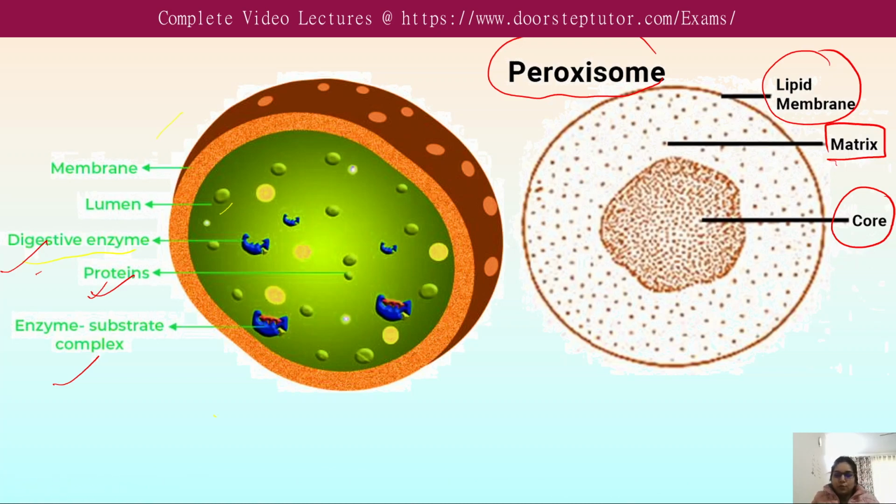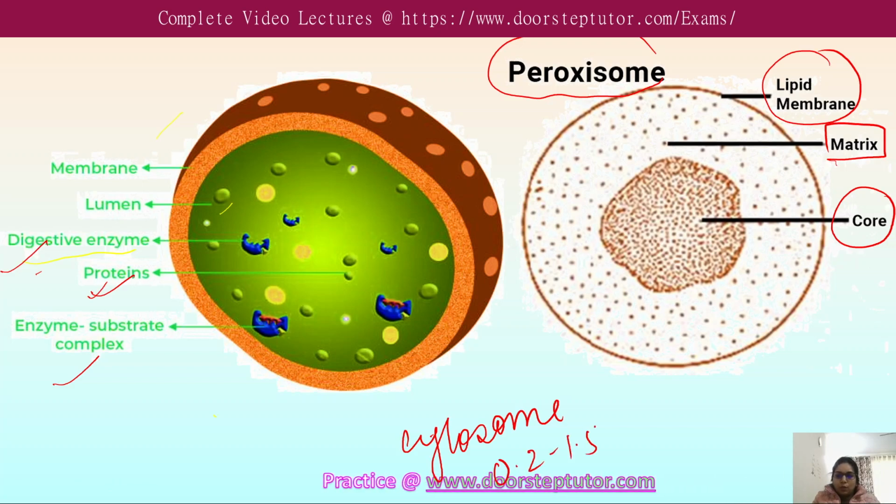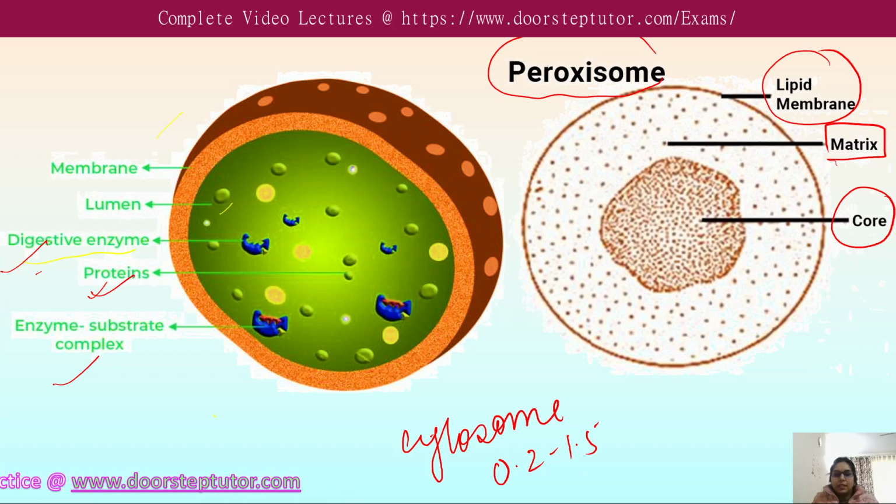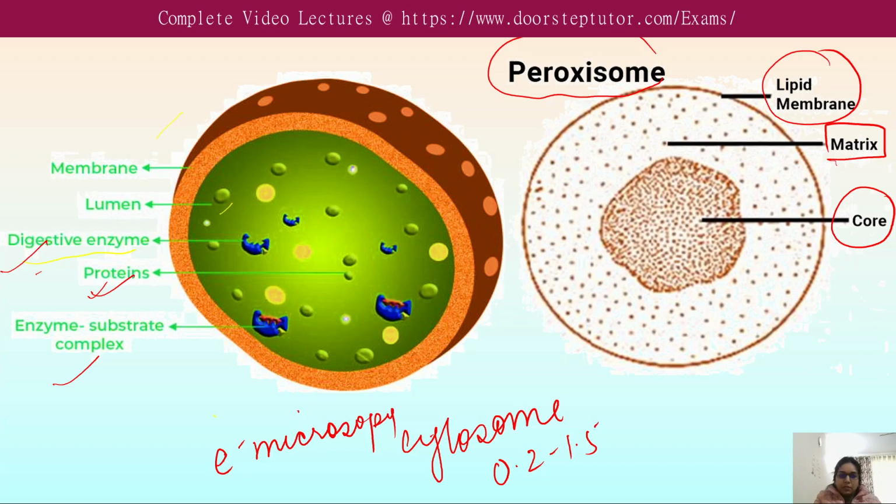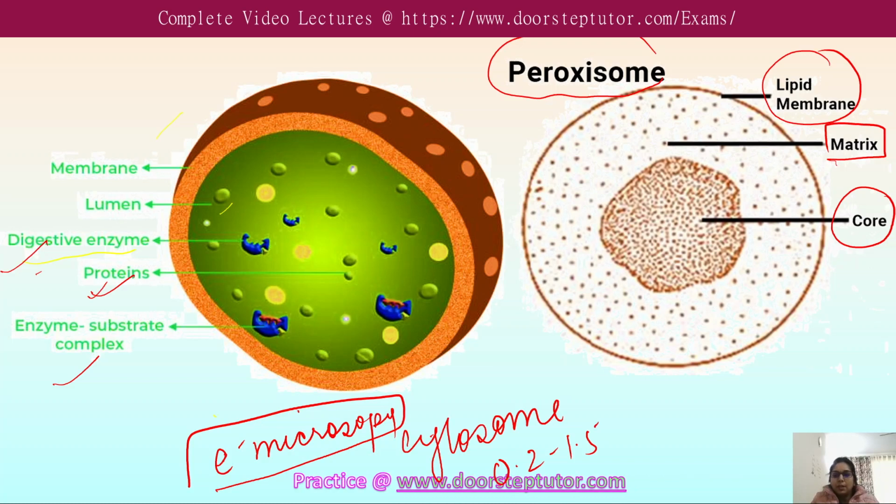These are also referred to as cytosomes, and a microbody is typically a spherical vesicle with a diameter of between 0.2 to 1.5 micrometers. Microbodies can be seen in the cell cytoplasm; however, they can only be viewed with electron microscopy. They are not visible with a simple microscope, but they can be seen in the electron microscope.